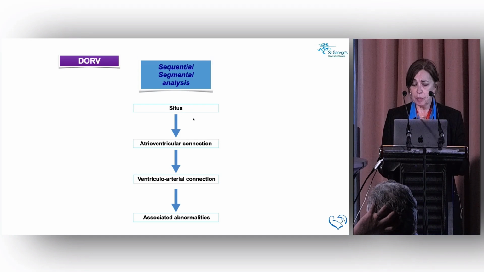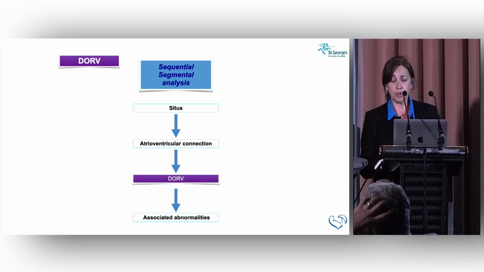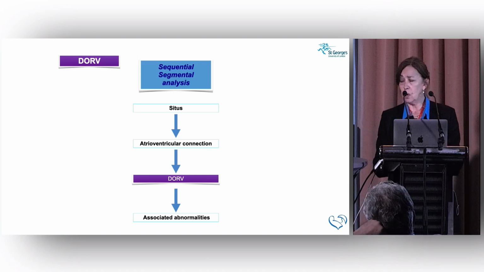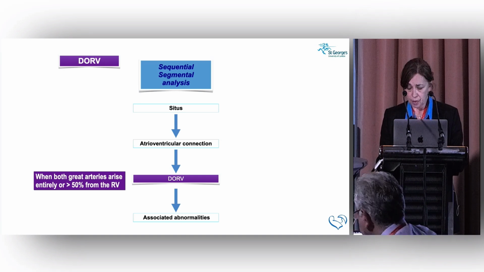So we should describe the situs, the atrioventricular connection, the ventricular-arterial connection, and the associated abnormalities. In this segmental analysis, double outlet right ventricle is a type of ventricular-arterial connection, which means that both great arteries, or more than 50% of both of them, arise from the right ventricle.